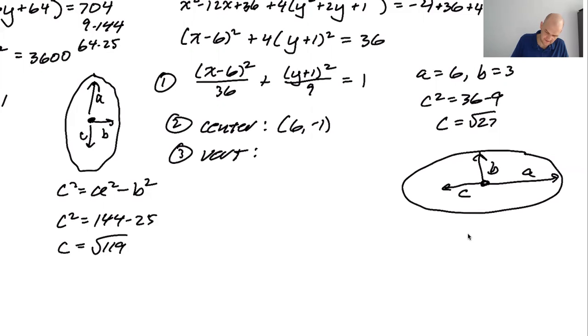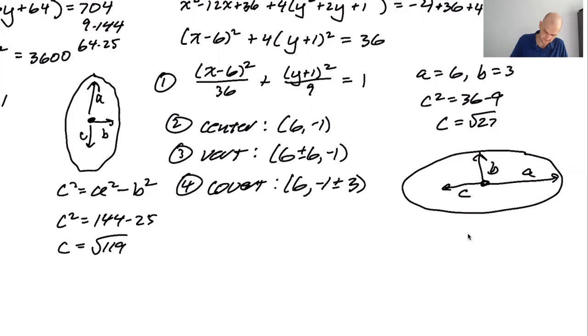Vertices, that's A in either direction, so 6 plus or minus 6, negative 1. Covertices is B in the other direction, so it's going to be 6 comma negative 1 plus or minus 3.